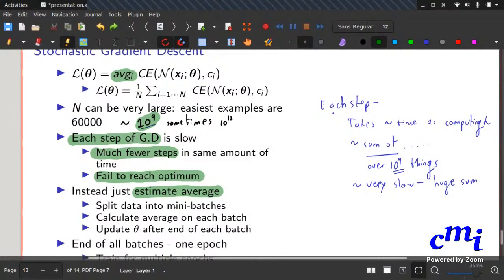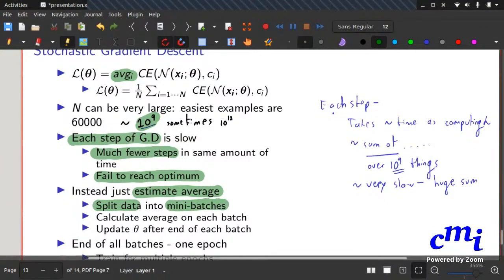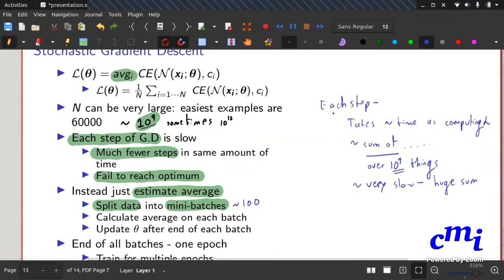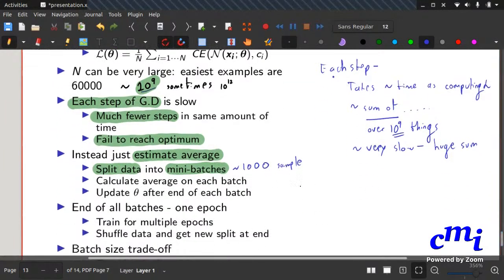So how do we do that? We do that by splitting the data into mini batches. And each mini batch, for our purposes, let's say that it's something like 1,000 samples, right? So then what we do is, instead of calculating the original L theta, we calculate a smaller estimate of L theta, let's call it LE theta, which is going to be a sum over one mini batch, right?